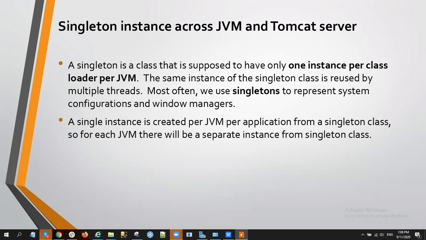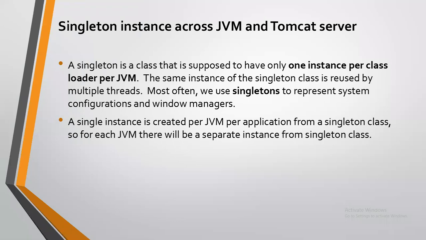This is because we stored the singleton class in each separate web application. But if our web application uses a singleton class from the JRE or Tomcat shared libraries, then we will get the same instance of the singleton class. So in this case, a single instance will be used for multiple instances of the same web application.